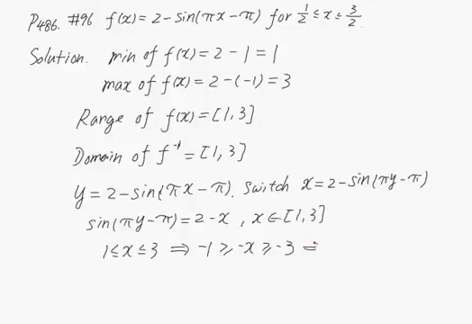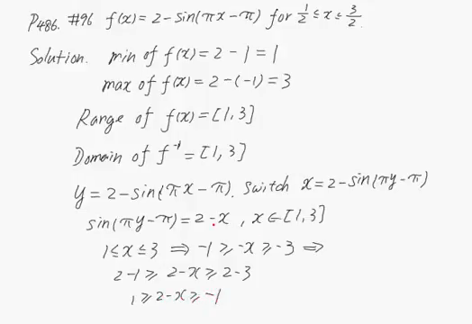Then we get 2 minus 1 greater than or equal to 2 minus x greater than or equal to 2 minus 3. So that is 1 greater than or equal to 2 minus x greater than or equal to -1.